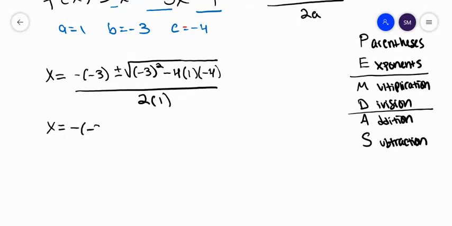I'll keep everything else the same for right now, and I'll just evaluate my exponent. It's really important that the negative on my -3 is included here when I'm doing the squaring. So -3 squared means -3 times -3, which is +9.